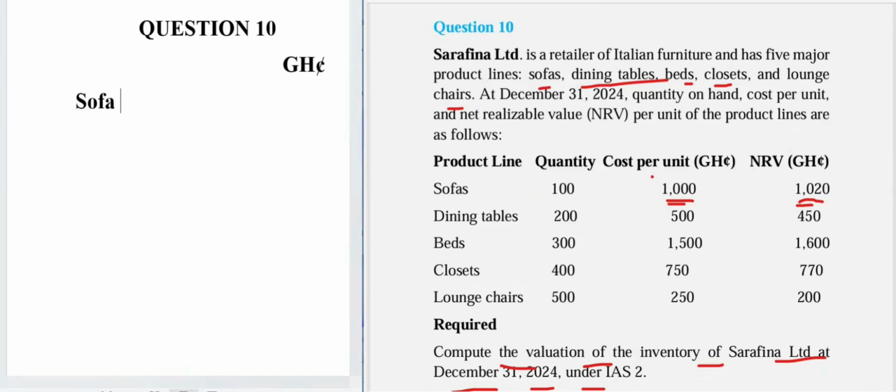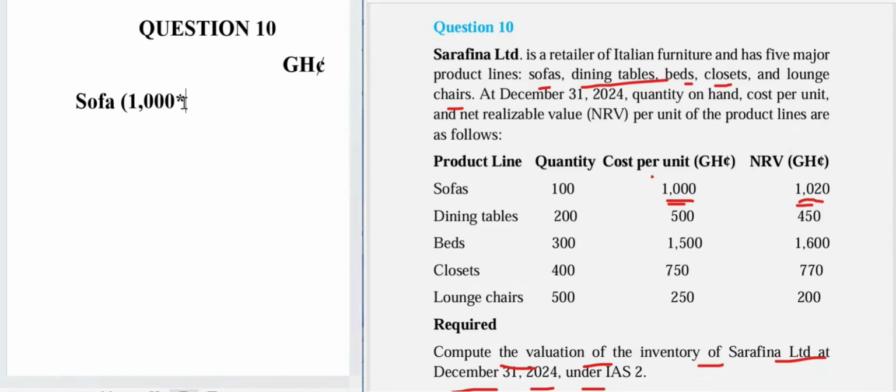So just open your bracket. Then our cost is 1,000. If you want, you can be working with the Ghana cedi signs, but because we have the cedi sign up, we can equally eliminate it, the same thing. Just know that this 1,000 cedis is the cost, which is the lower.